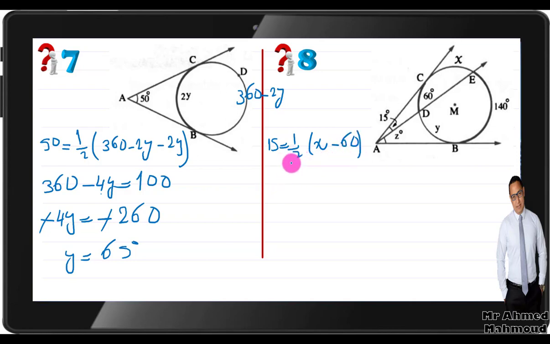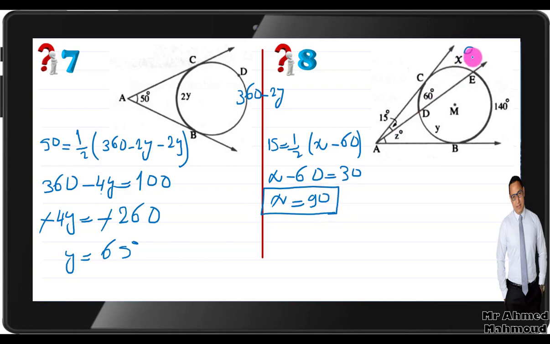I'm going to send half divided, so x minus 60 equals 15 divided by half equals 30. So send 60 there, so x equals 30 plus 60 equals 90. This is the value of x.